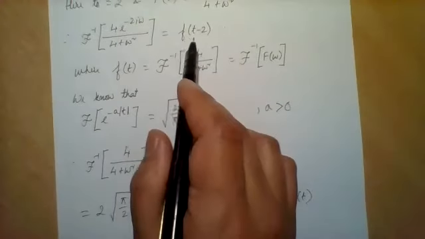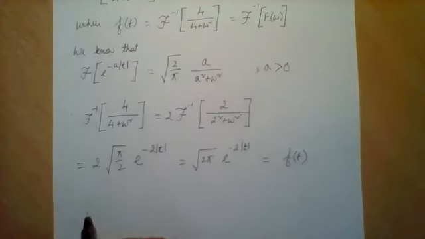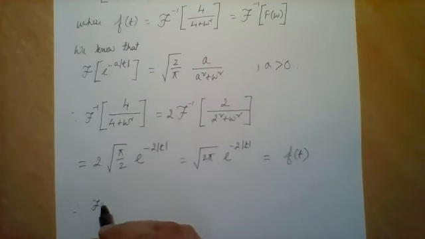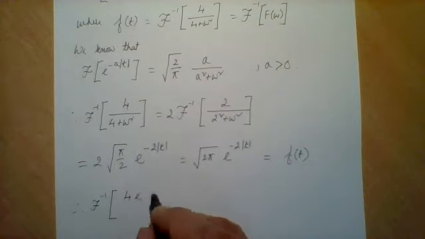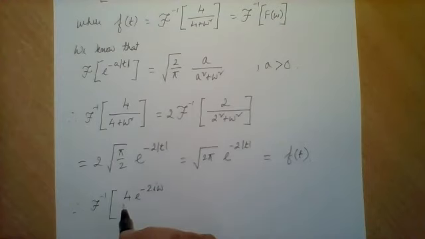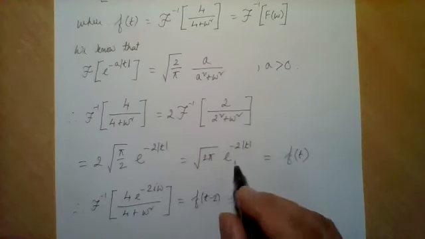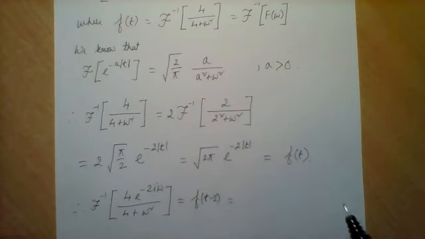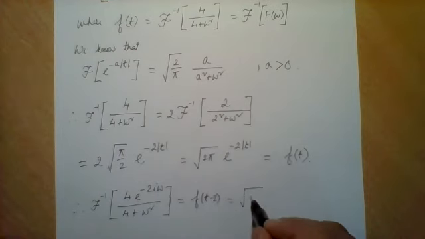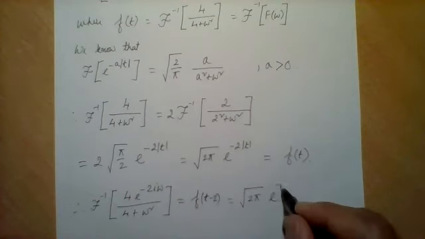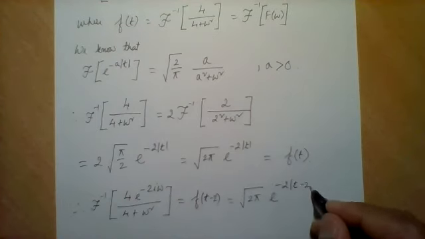So the final answer would be f of t minus 2. Therefore, the inverse Fourier transform of 4 times e to the power minus twice i omega divided by 4 plus omega square is equal to f of t minus 2, and if I put t equal to t minus 2 here, we should get root over twice pi e to the power minus 2 modulus of t minus 2.